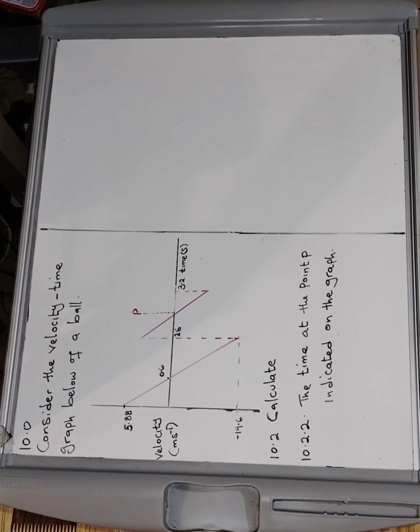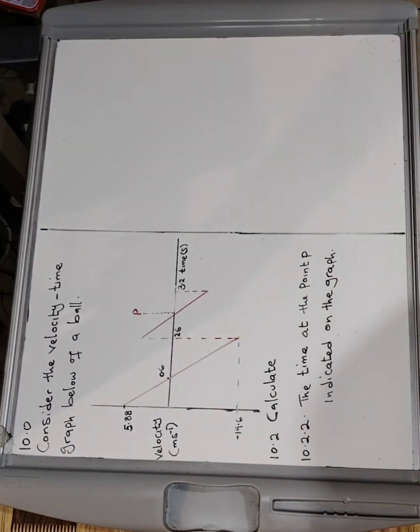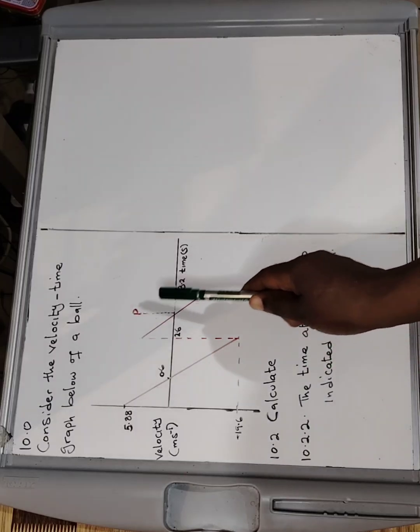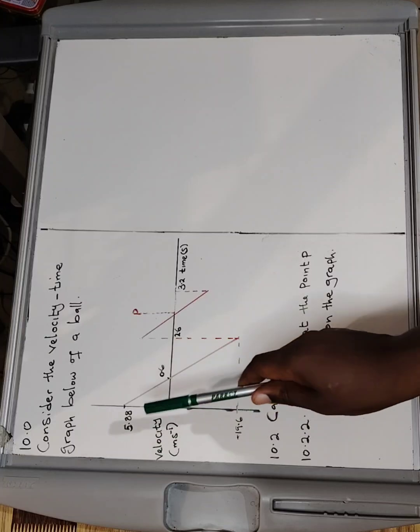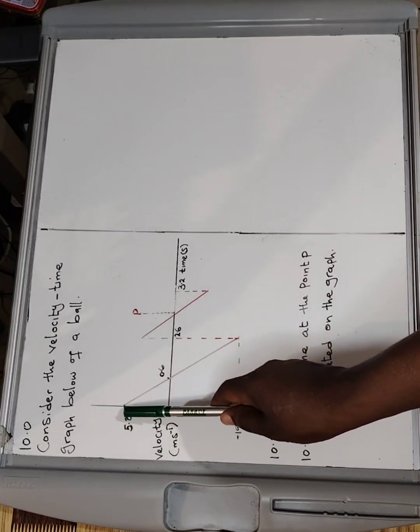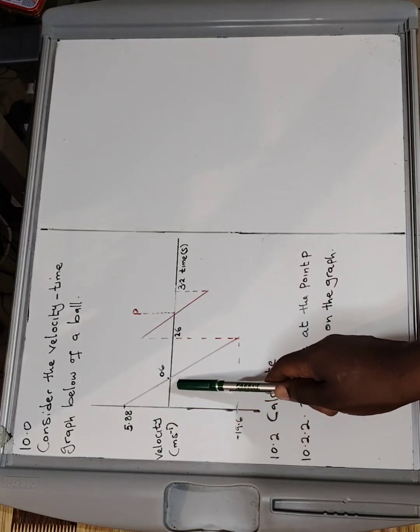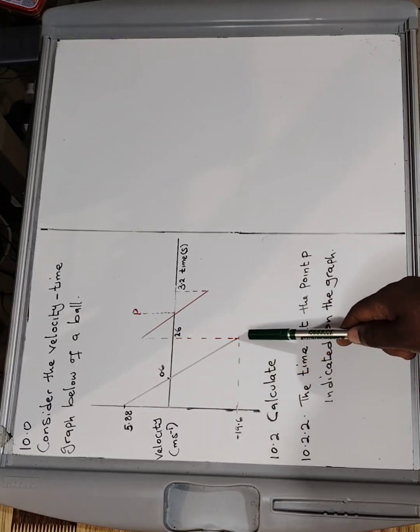Okay. Then comes this question. The time at point P indicated on the graph. This is our point P. Now, this is a very interesting scenario if you follow it very closely. Let's repeat. The ball was projected upwards, it reaches maximum height after 0.6 seconds, then moves downwards and hits the ground.